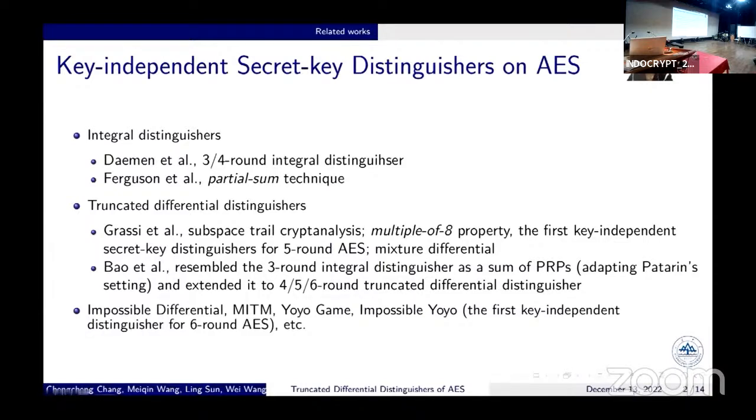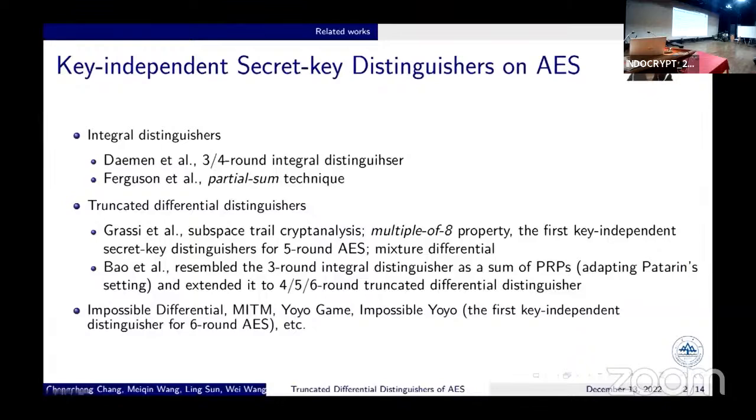For integral distinguishers, Knudsen et al. presented a 3-round integral distinguisher and extended it to 4 rounds by adding a round at the beginning. Later, the high complexity was improved by Ferguson et al. with the partial sum technique. For truncated distinguishers, Biryukov et al. introduced structures with shared cardinalities, which include techniques based on truncated impossible differentials and integrals.